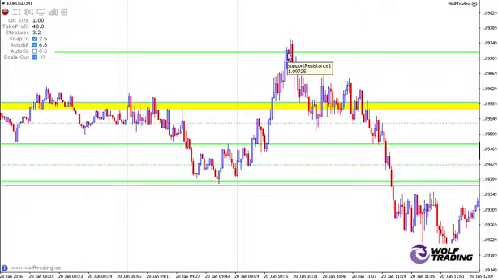Now, MT4 only allows you one take profit position. Wolf Trading allows you to take up to 5. The 4 of the scale out through here, and the final take profit that MT4 allows. The only condition Wolf Trading has on it is that the accumulated scaling out has got to add up to 100%, of course.